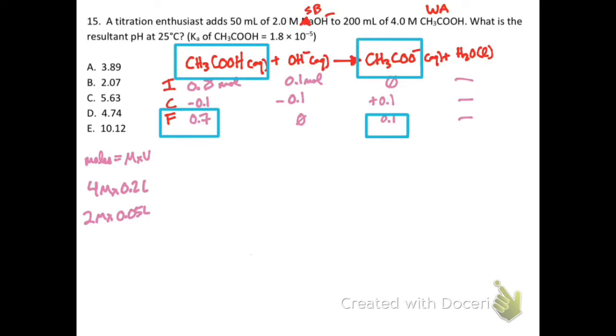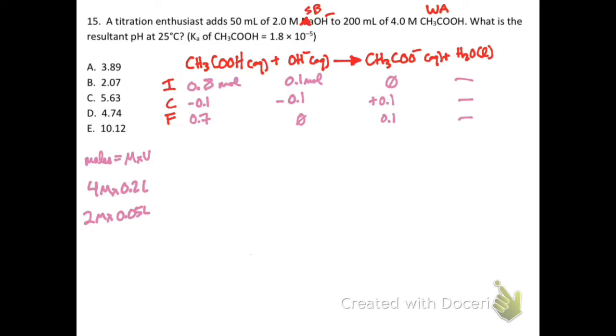A buffer solution. So we can just use Henderson-Hasselbalch now to finish this problem. And as a reminder, Henderson-Hasselbalch is pH is equal to the pKa plus the log of the ratio of base to acid. And the ratio here can be in terms of moles, millimoles, molar, millimolar. Doesn't matter as long as our units are consistent.